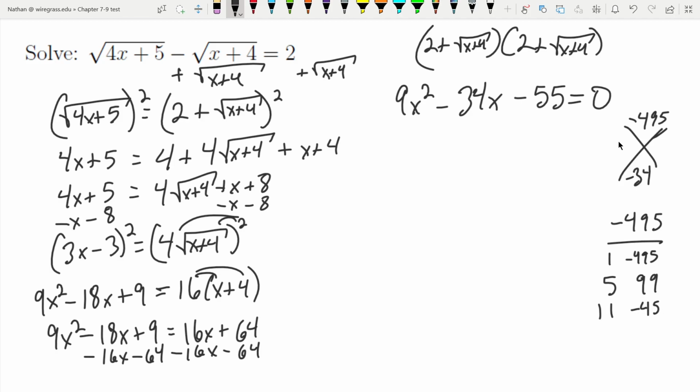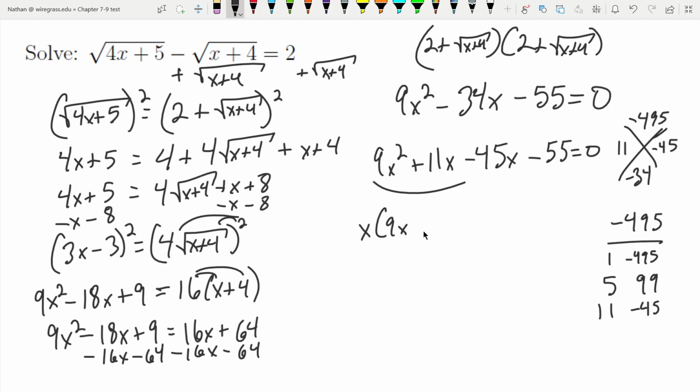So these are my two numbers, 11 and negative 45. And now I can factor this down. So I'm going to get 9x squared plus 11x minus 45x, then minus the 55. Okay, factoring by grouping. I can take out just an x from these first two terms. And here I can take out a negative 5, since this is negative.